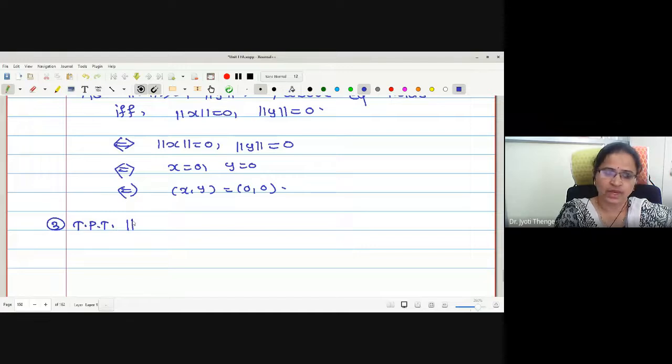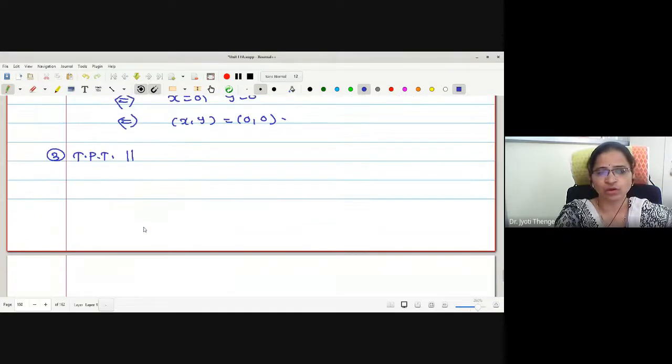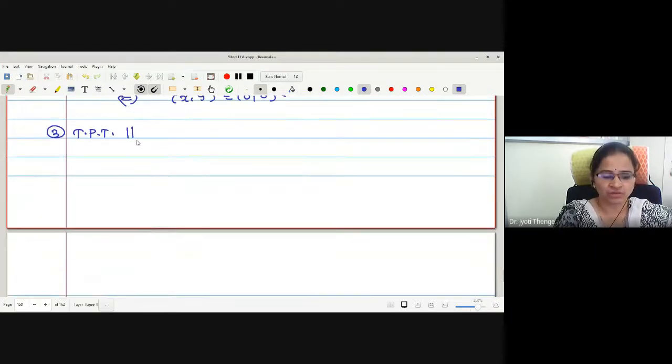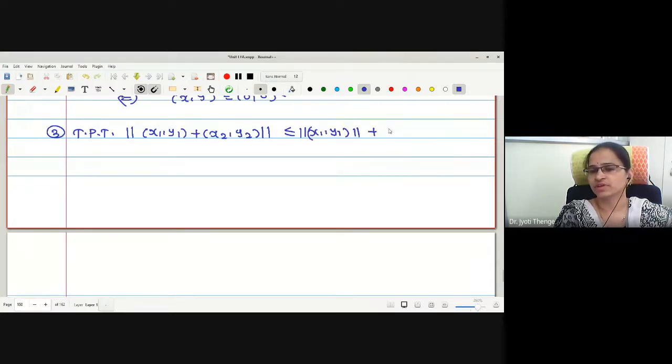In the third condition, we have to go for the triangle inequality. For the triangle inequality, let me write the two elements, say x1, y1 and x2, y2. And what is the job? To show that this is less than or equal to the norm of x1, y1 plus the norm of x2, y2.